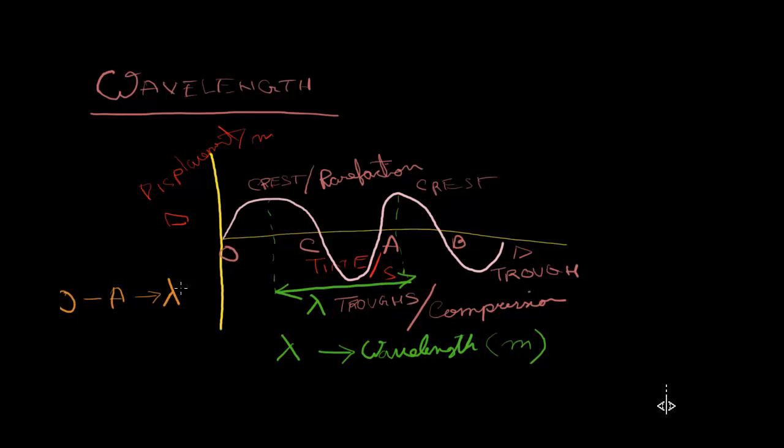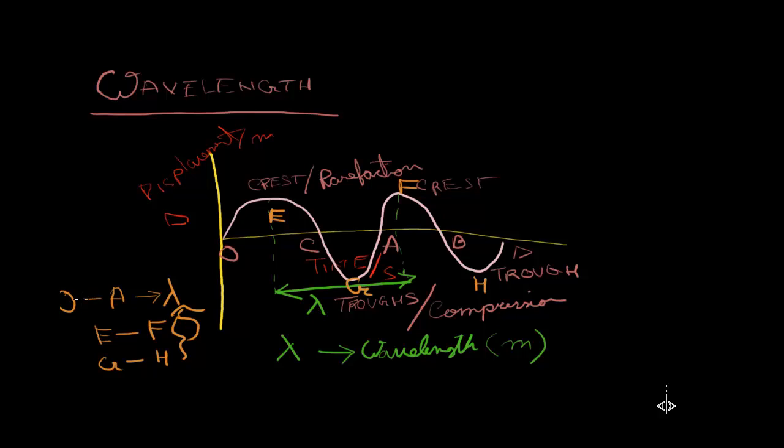O to A is our wavelength, and also say this is E, this is F. So as I said before, the crest to crest distance is the wavelength. So here E to F, this distance is wavelength. And say this one is G, this one is H, the trough to trough distance, G and H, are also wavelength. So both E, F and G, H, this is crest to crest, this is trough to trough, both of these are the wavelength for this wave.